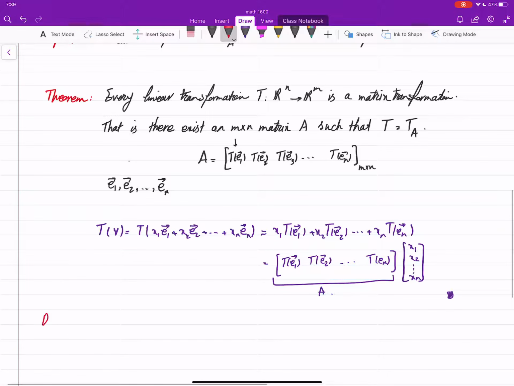So, definition: that matrix actually has a name.